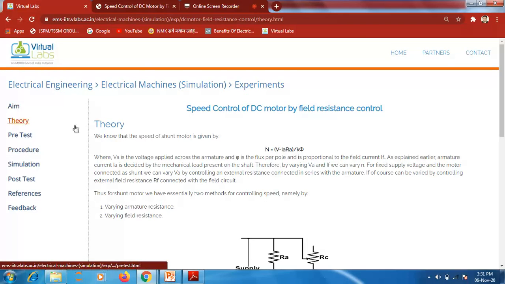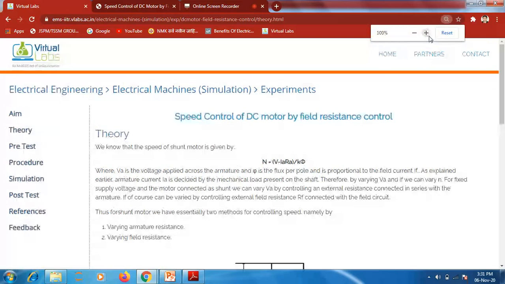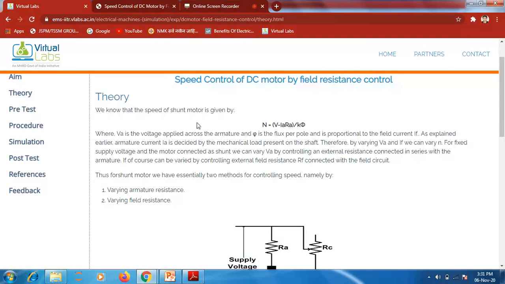So we have already discussed the aim. Now we're going to see some theory about this part. We all know that the speed of a shunt motor is given by N equals (V minus Ia into Ra) divided by K into phi, where Va is the voltage applied across the armature and phi is the flux per pole, which is proportional to the field current.